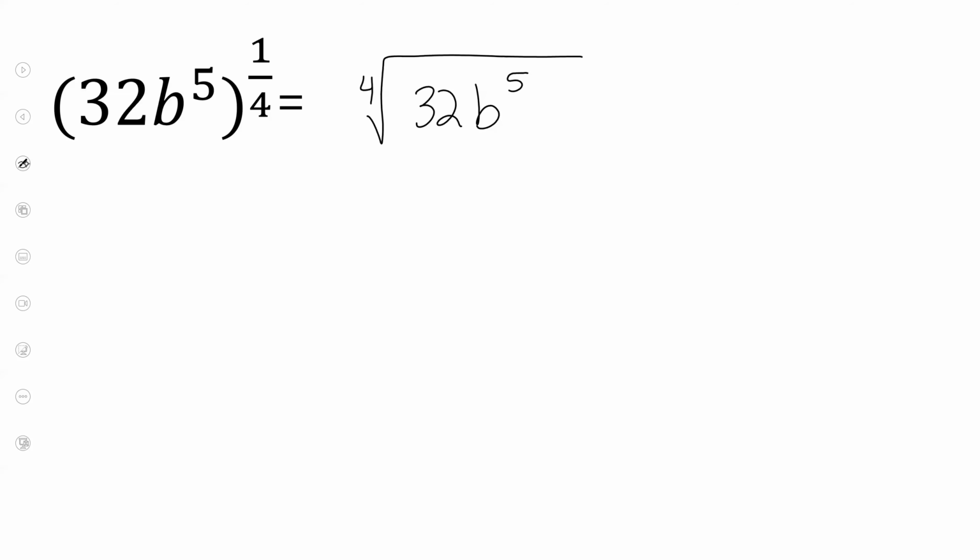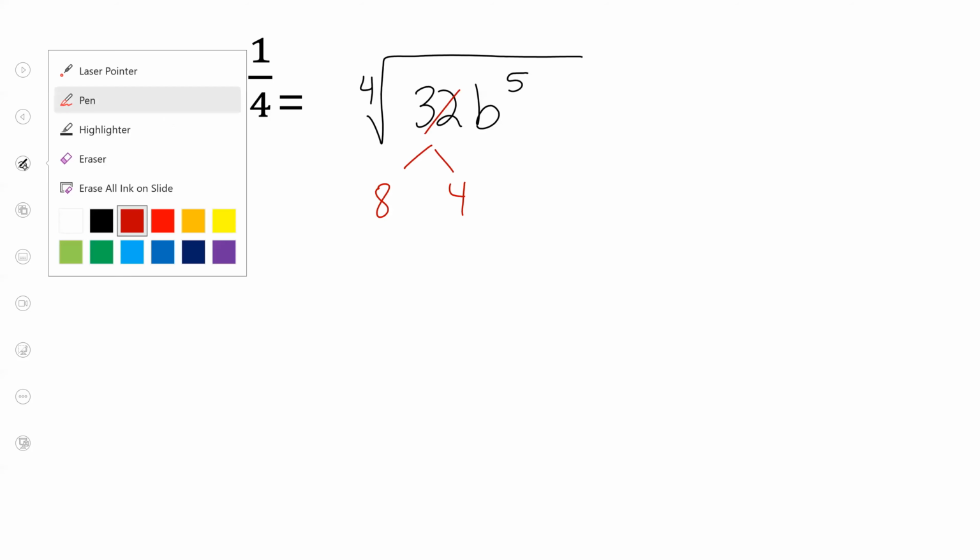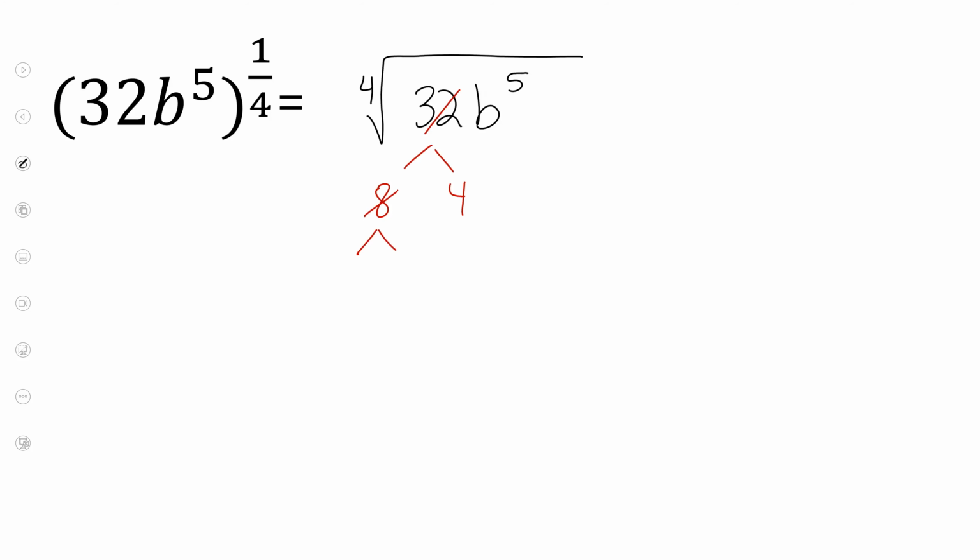So we're gonna break down the 32. Can y'all give me 2 numbers that multiply to 32? Thank you. 8 times 4 is 32. Let's break down this 8. 2 times 4 is 8, and let's break down this 4 into 2 times 2.